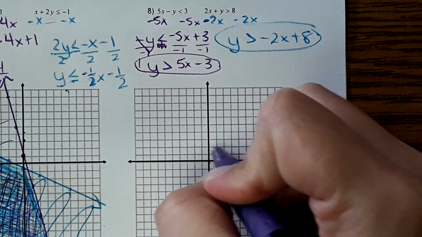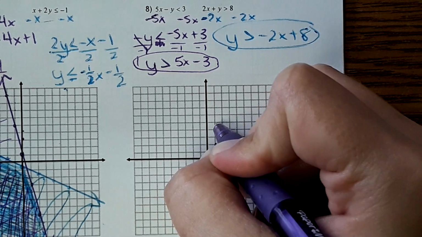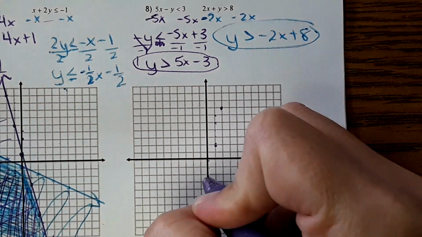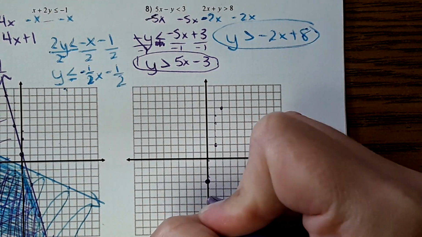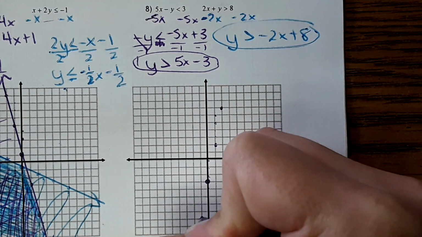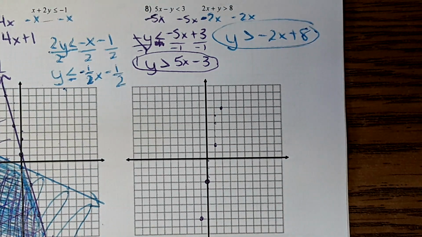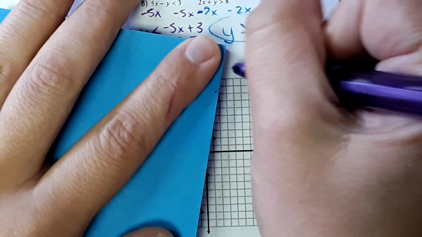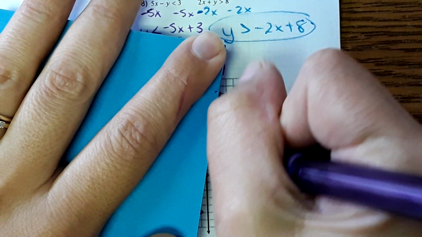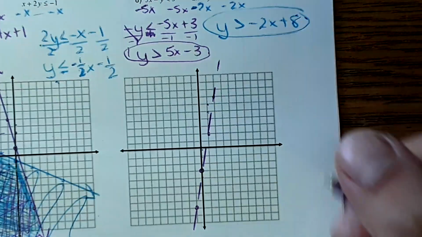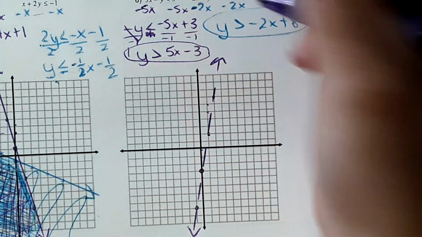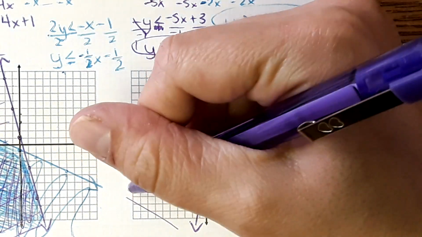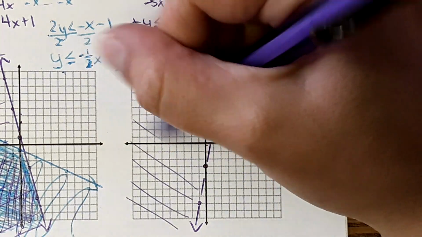Thank you. It can also be down 5. And then remember, dotted line. And y is greater than that line, so it's going to be all the values on top.